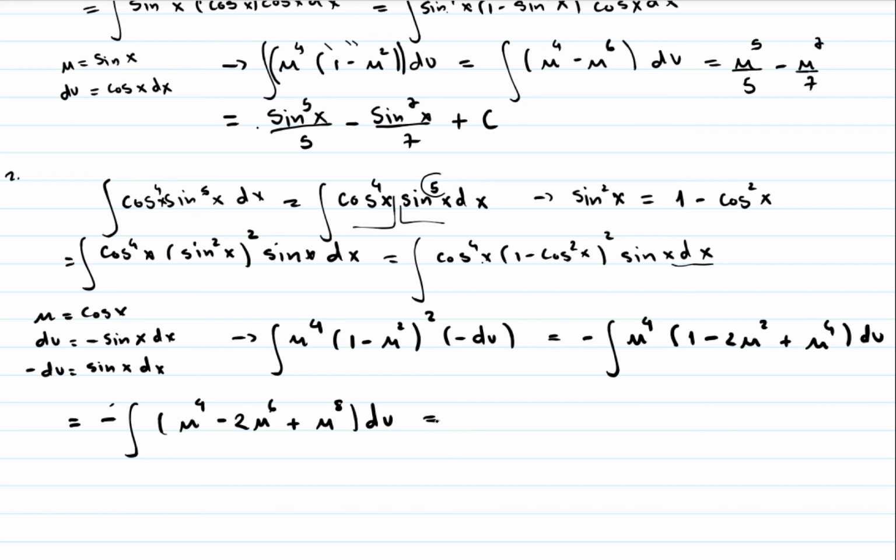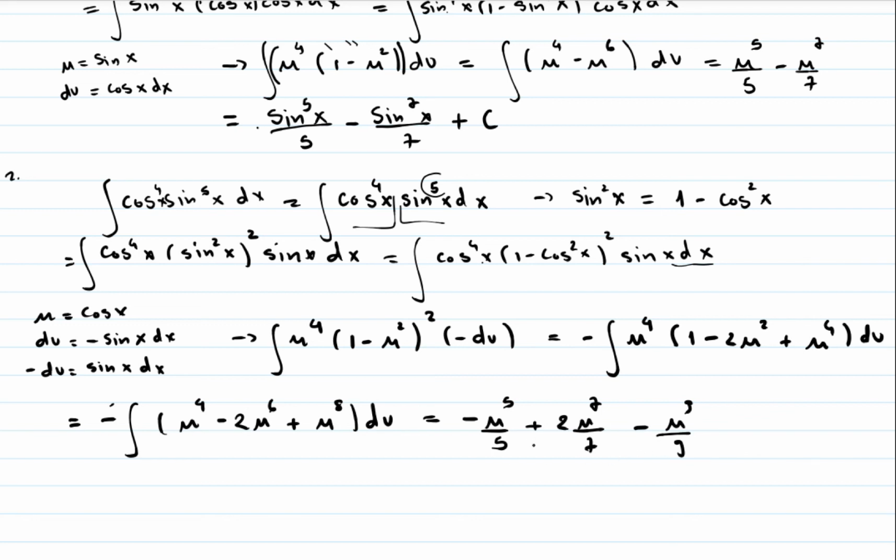Then this is equal to the individual integration of all of this. So we're going to have u raised to 5 divided by 5, but because of this minus sign, minus u raised to 5 divided by 5, plus 2u raised to 7 divided by 7, and then minus u raised to 9 divided by 9.